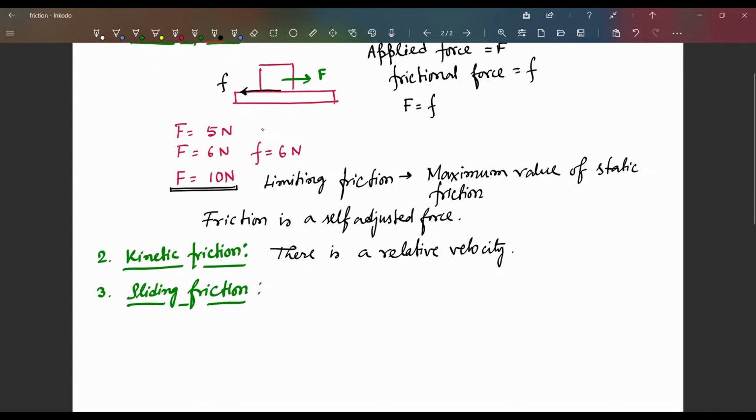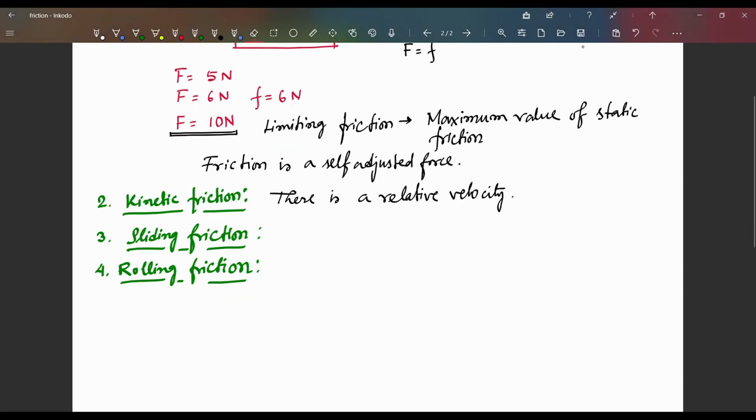Another is rolling friction. Whenever a body is rolling or tends to roll on another body, then the opposing force acting here is known as rolling friction.